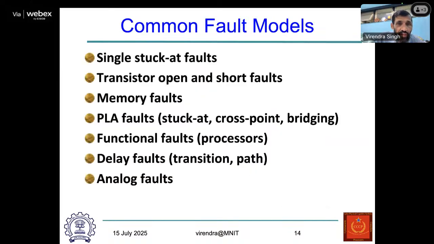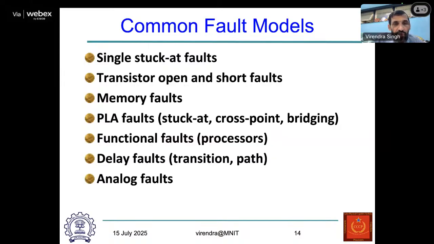The single stuck-at fault model was the first model which was proposed way back in the 60s and is surviving till date. It was actually developed for the TTL circuits. TTL is transistor-transistor logic, which was based on BJT. But from the 70s onwards, we shifted from TTL to NMOS, then CMOS.